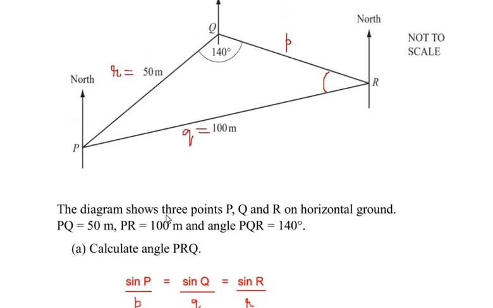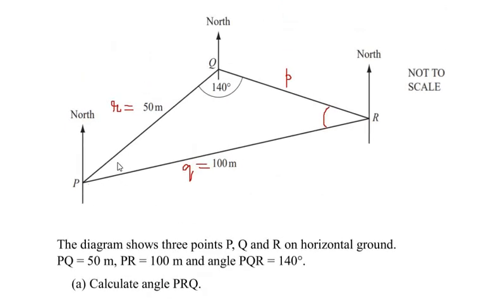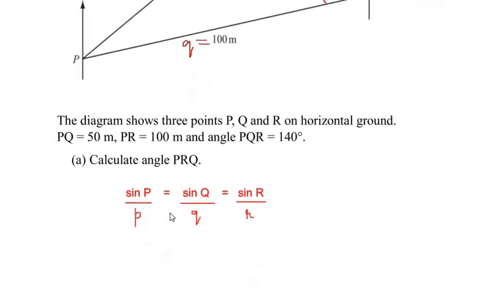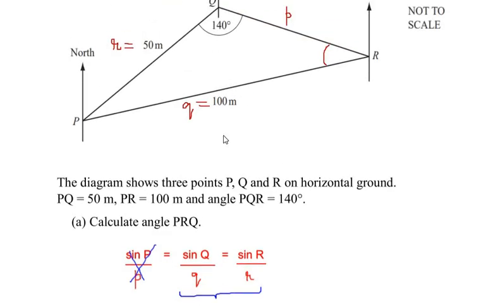Now if we look at point P, neither do we have the angle given nor its opposite side is given. So we can just discard sine P over side P and consider only these two angles and these two sides. So let us substitute the values. The angle Q is given as 140.